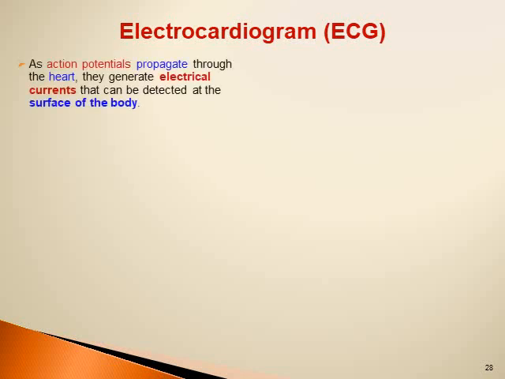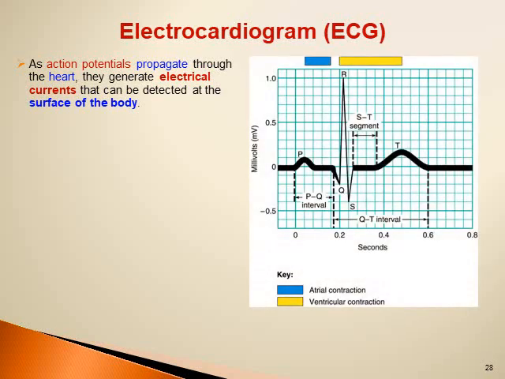So as action potentials propagate through the heart, they generate electrical currents that can be detected at the surface of the body using electrodes attached to the skin. This is the trace of the electrical activity recorded from the surface of the body, and we call this trace the ECG.